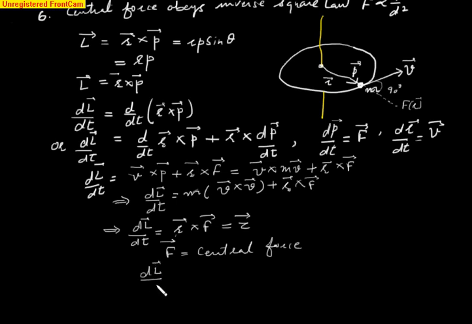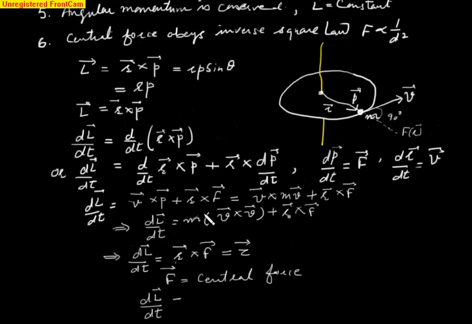Therefore we can write dL over dt is equal to R F sine 0. It means the total is 0.